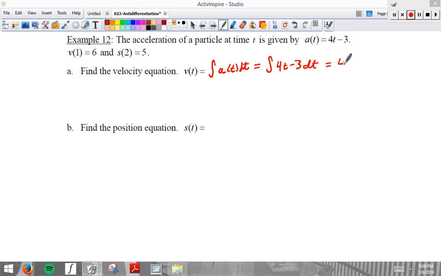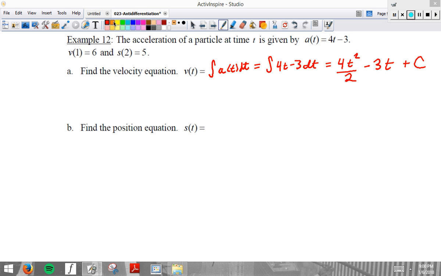That would just be 4t squared. I added 1 to the power. The power here is 1. And I'm going to divide by the new power. Minus the antiderivative of negative 3 is, if you said or thought 3t, you're right, not 3x, because it's with respect to t, plus c.